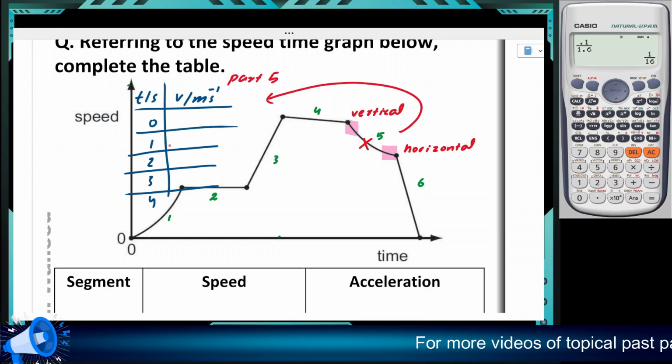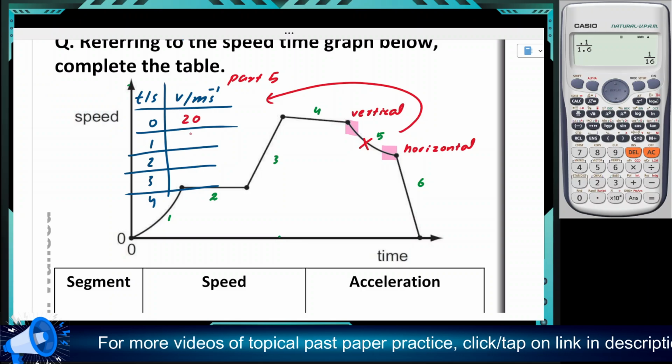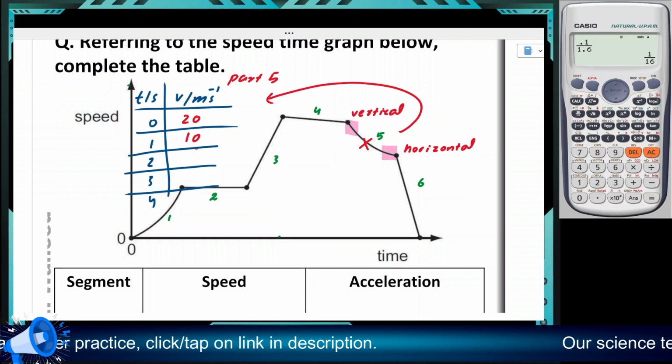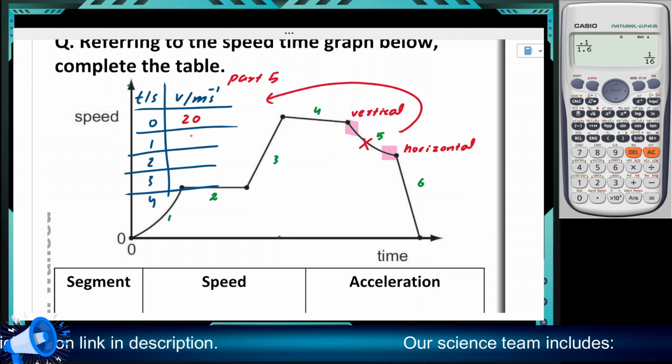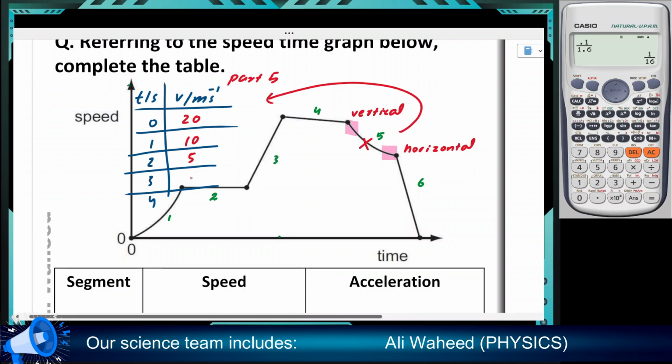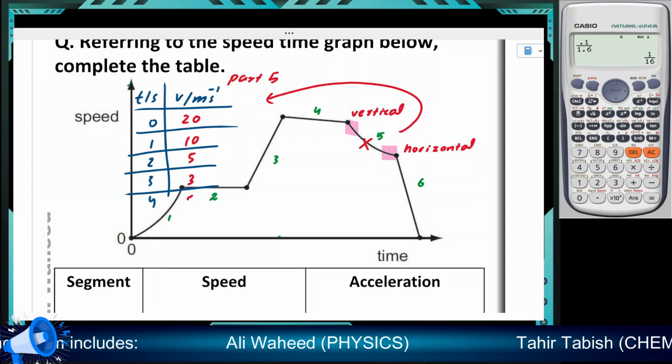So initially the speed could be, let's say, 20. Then the speed is, say, 10. Then 5. Then 3. Then 2.